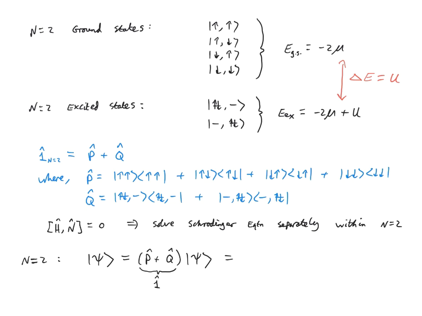And let me call the resulting objects phi gs for ground state and phi ex for excited state, where, just to be completely crystal clear, p acting on the full wave function is equal to phi gs, whereas q acting on the full wave function is equal to phi excited.